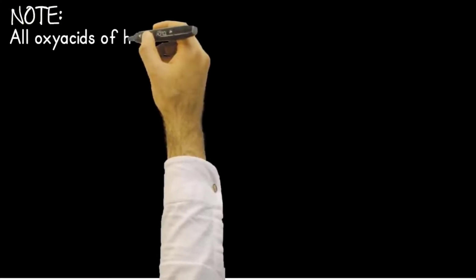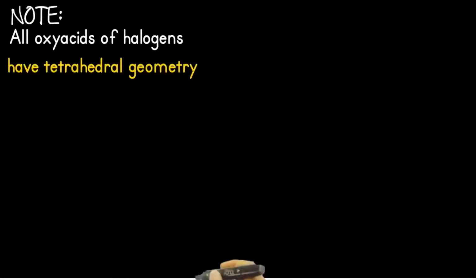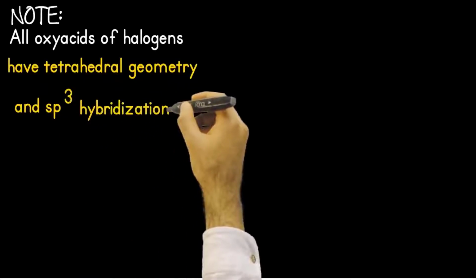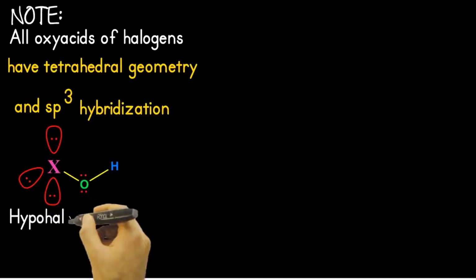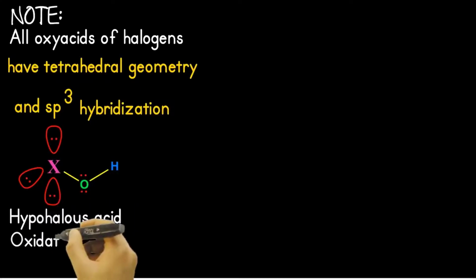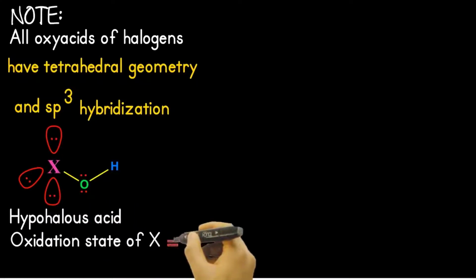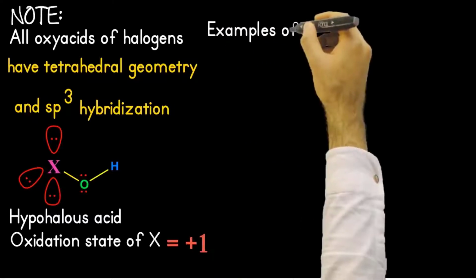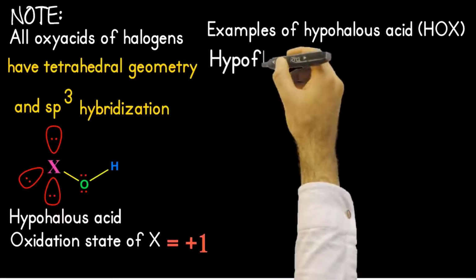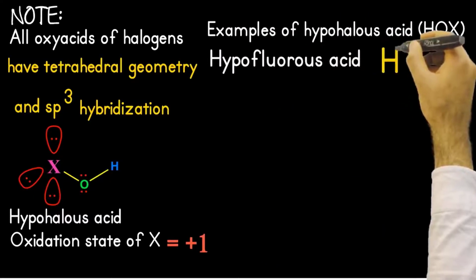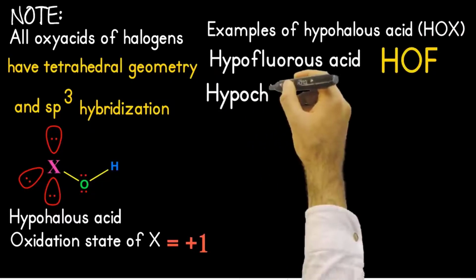So one important note, all oxyacids of halogens have tetrahedral geometry, and hybridization of all oxyacids of halogen is sp3 hybridization.